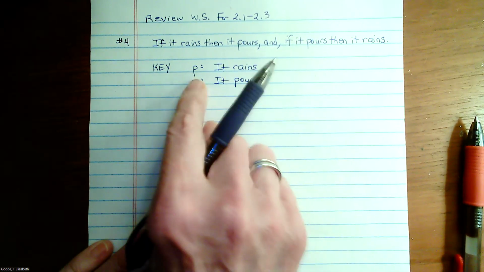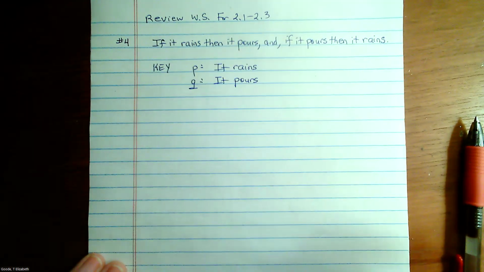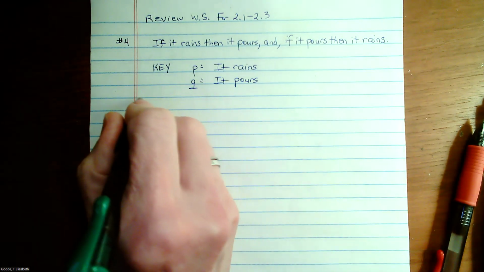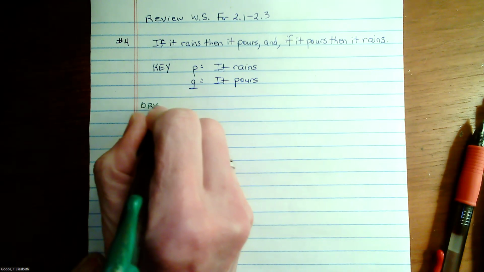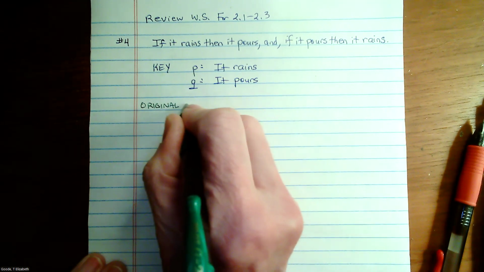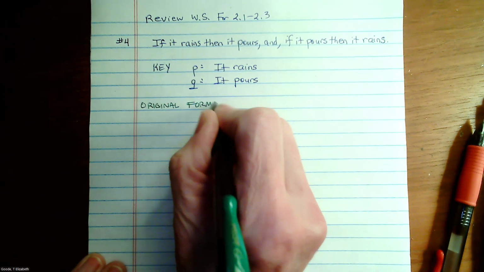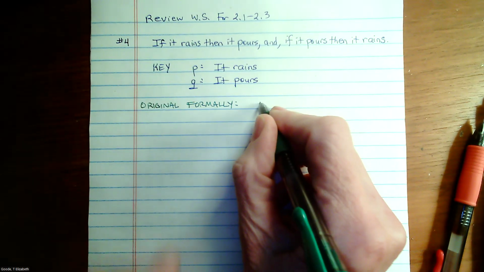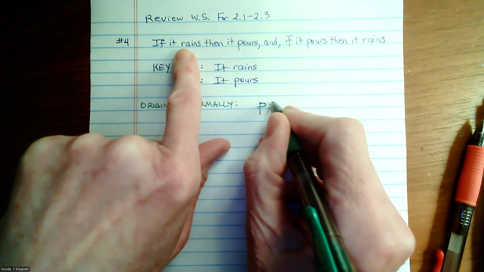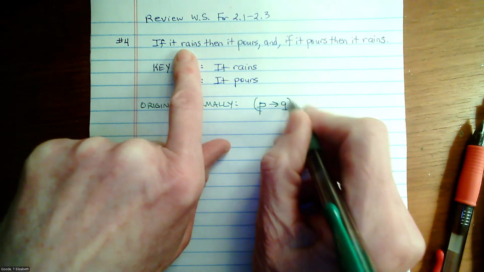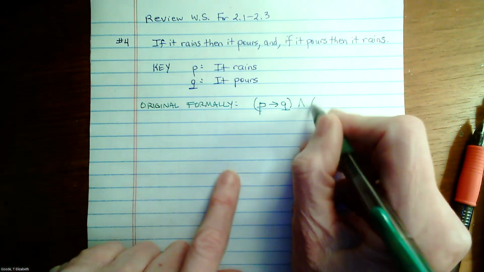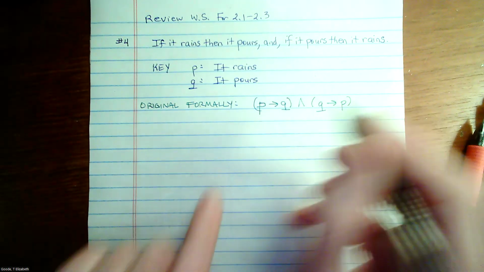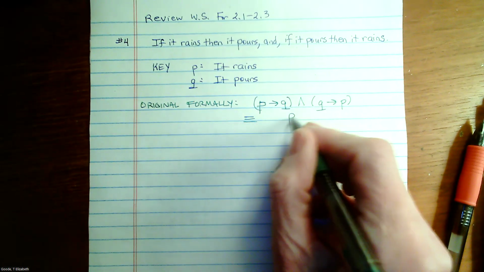So when we write the original statement formally, you can see it's an if and only if statement, can't you? Yes, a biconditional. It is, because it's if it rains, then it pours, so it's P implies Q, and if it pours, Q, then it rains. So it really is the biconditional.